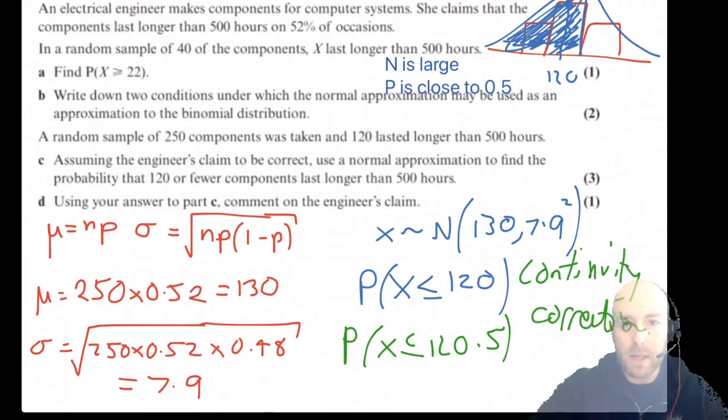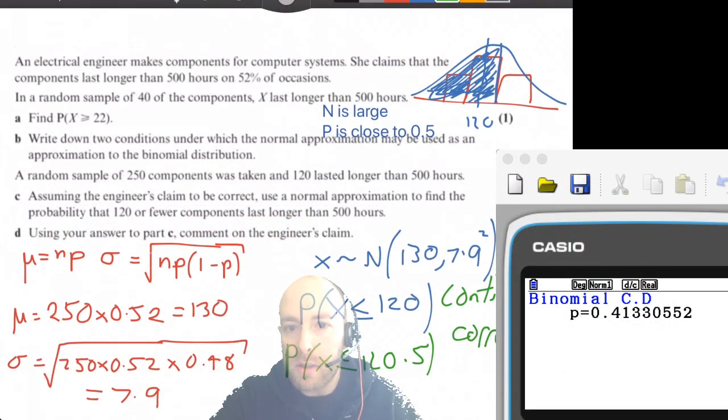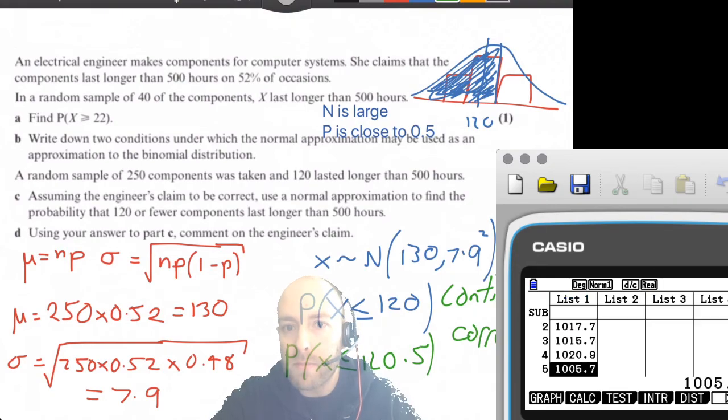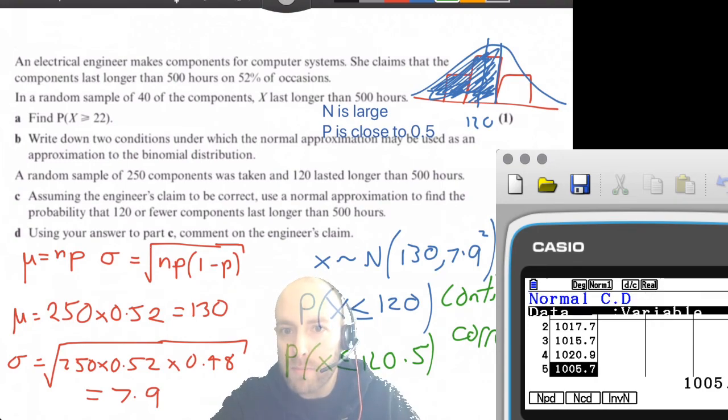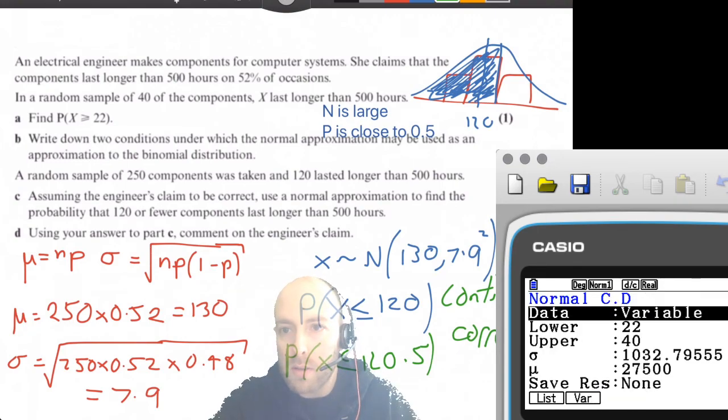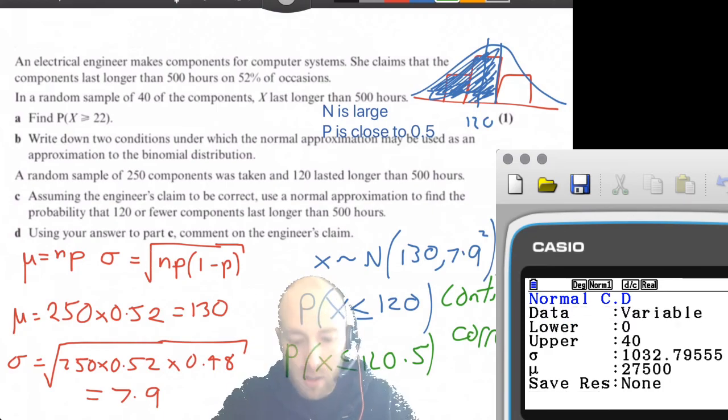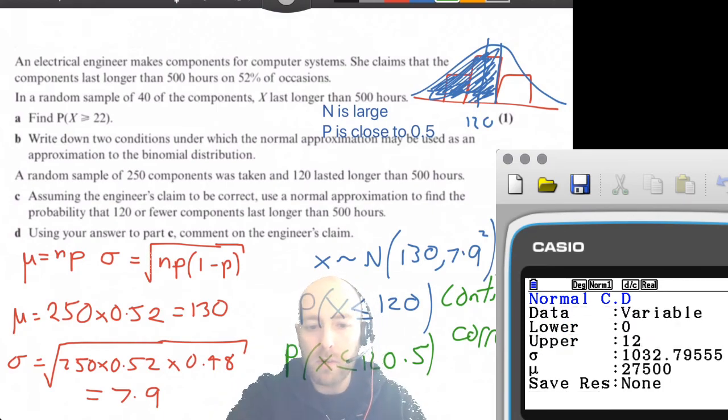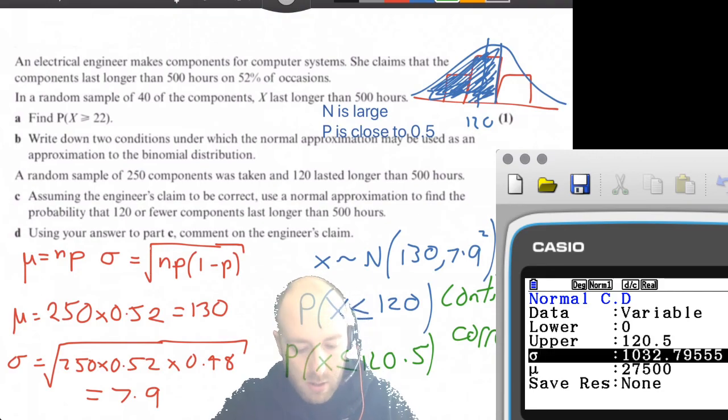So bring back the calculator. We're looking at normal now. So dist norm, we've got NCD. So lower is going to be 0. Upper is going to be 120.5 so that we include all that bar.